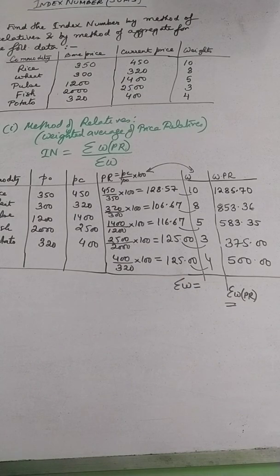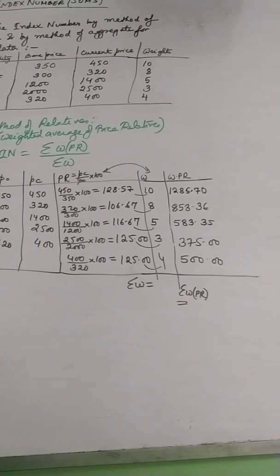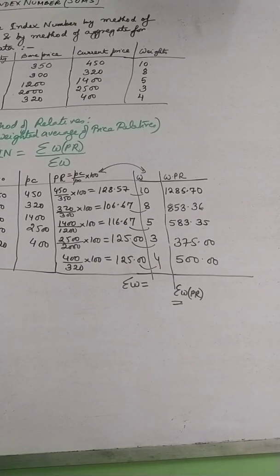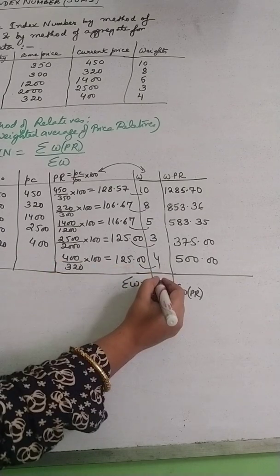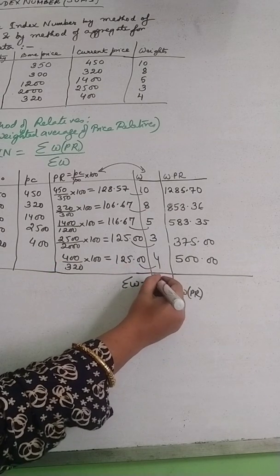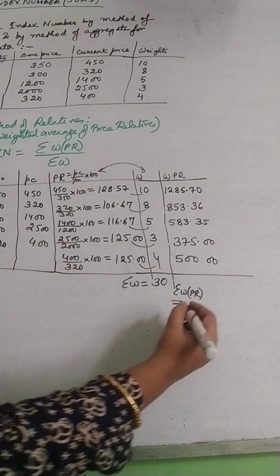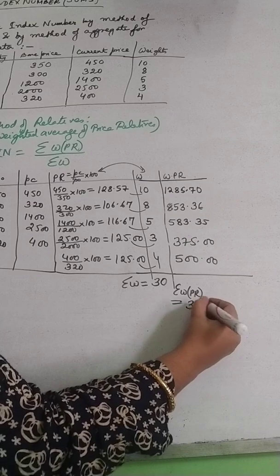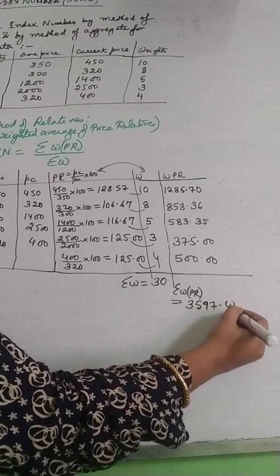Summation W is how much? If you add up, summation W is coming to 30. And summation WPR, if you add up, is coming to 3597.41.